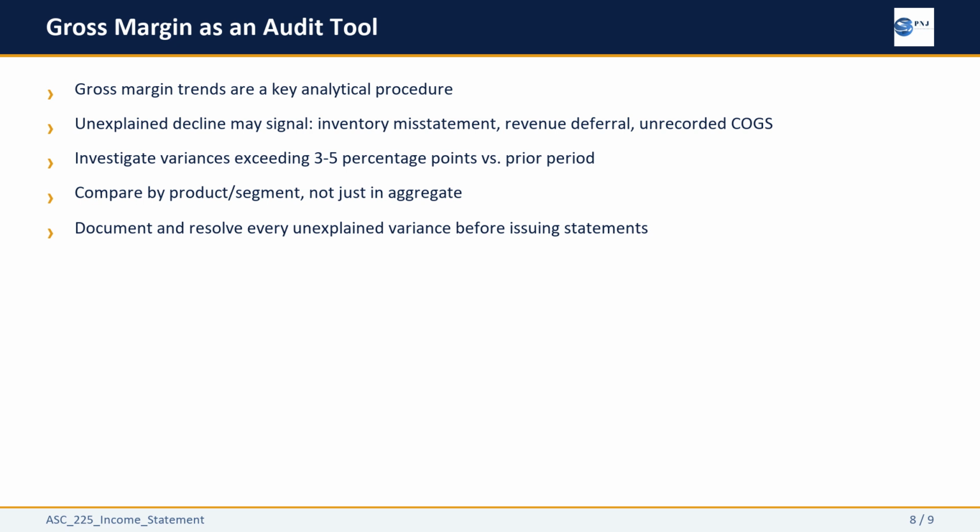It could be costs that were missed or misclassified. PNJ Group's standard is to investigate and document any gross margin variance exceeding 3 to 5 percentage points compared to the prior period, not just in aggregate, but broken down by product or segment where possible. Do not issue the statements until you have an answer.